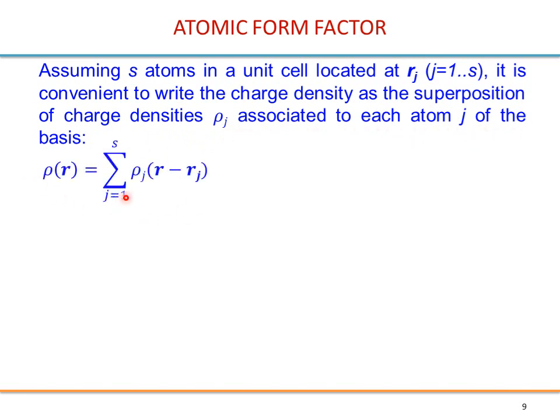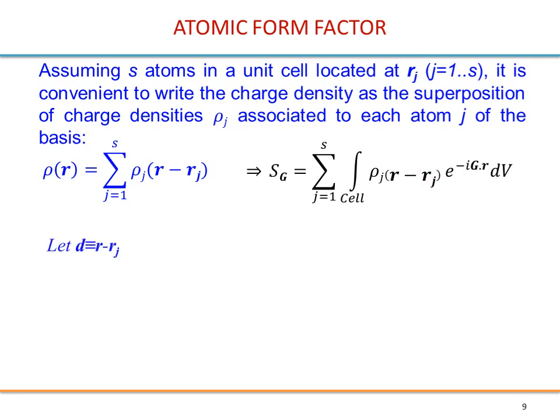So just a sum from j equal 1 to S. We replace rho inside our previous formula of the structure factor, so it is the sum of the cell of rho and this exponential. So replacing rho by this, we can take the sum out of the integral like this, because the integration does not depend on that. This is fixed.